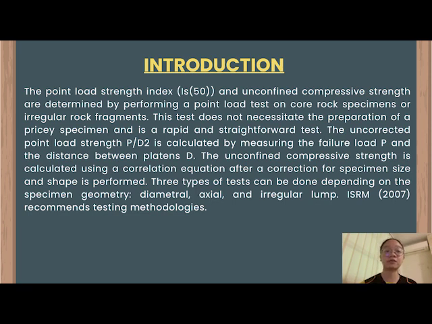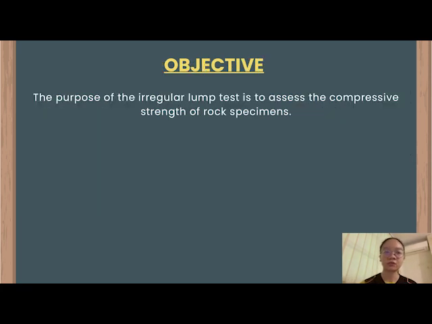Three types of tests can be done depending on the specimen geometry, which are diametral, axial, and irregular lump. ISRM 2007 recommends the testing methodologies. The purpose of the irregular lump test is to assess the compressive strength of rock specimens.